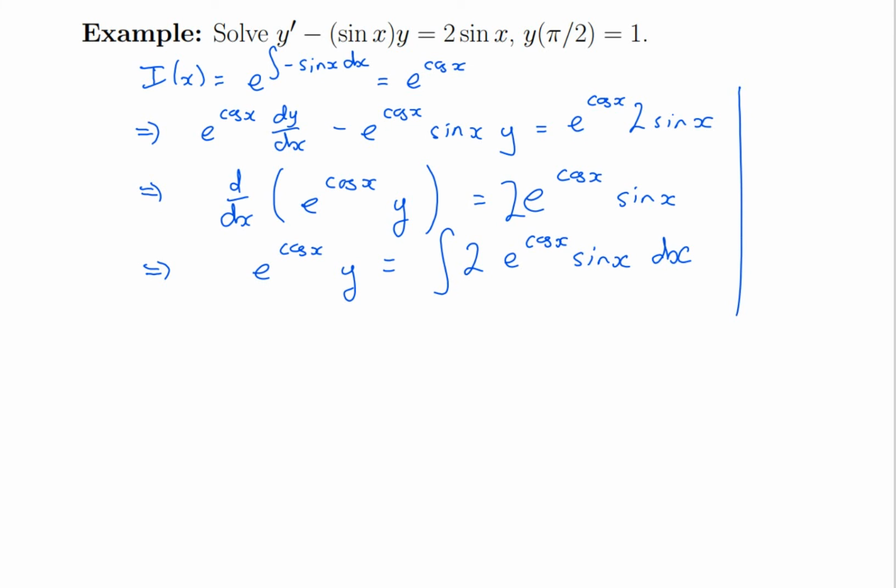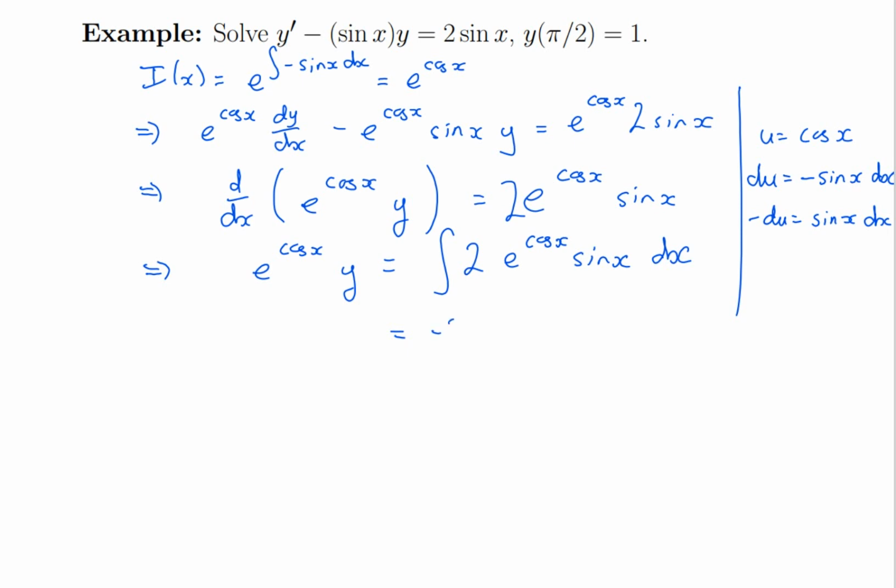This time I want to make u equal to cos x, so that du is going to be equal to minus sine x dx. I look at my differential equation and I see sine x dx there, so that means I really want minus du is sine x dx. Make that substitution where sine x dx turns into minus 1 du.